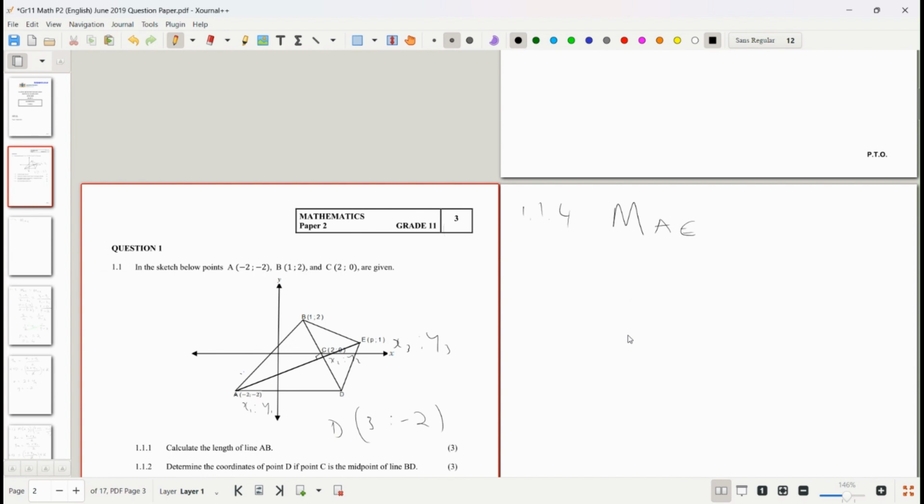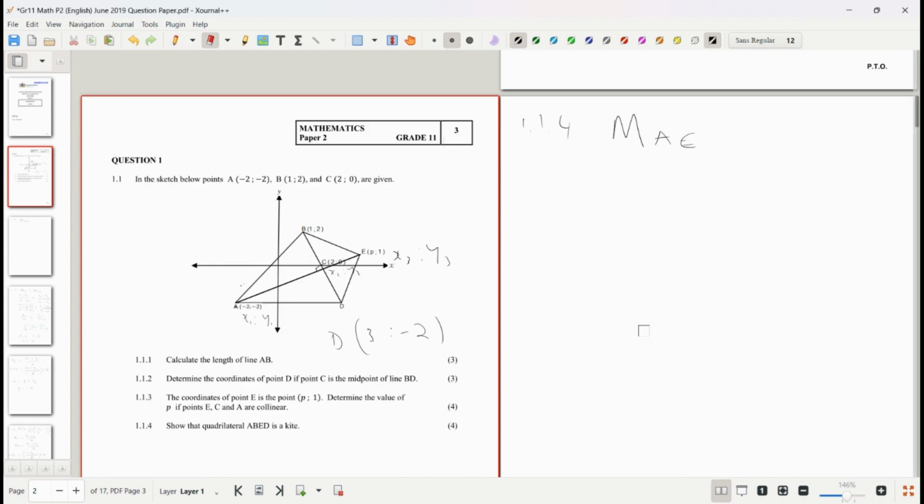So let's write it here: the gradient of AC is 2 divided by 4, which means the gradient will be 1 divided by 2.